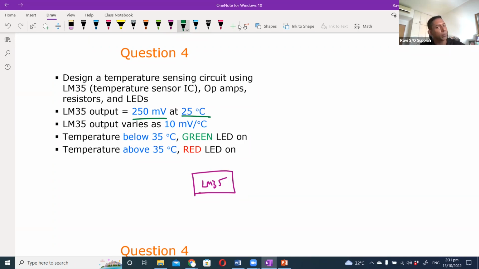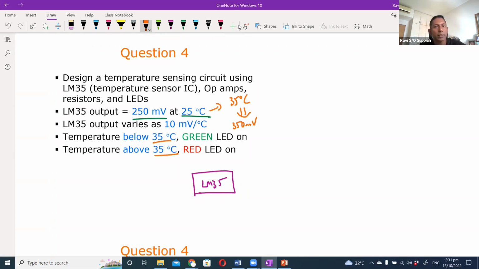The system we are building just differentiates based on a single point, which is 35 degrees. It is fairly easy because I'm only looking for one fixed temperature. Since it changes by 10 millivolts per degree Celsius, at 35 degrees Celsius it will be 350 millivolts.